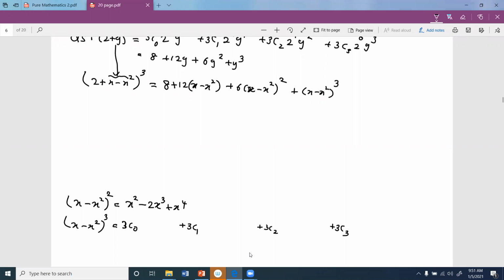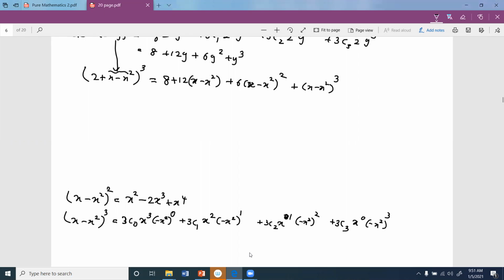Then write the first term to the power 3, and reduce the power by 1 each time, down to 0. Then the next term starts with the lowest power: minus x squared to the power 0, minus x squared to the power 1, minus x squared to the power 2, minus x squared to the power 3.